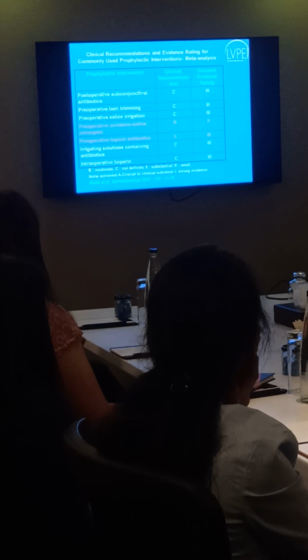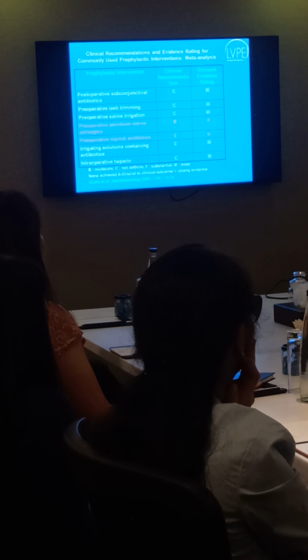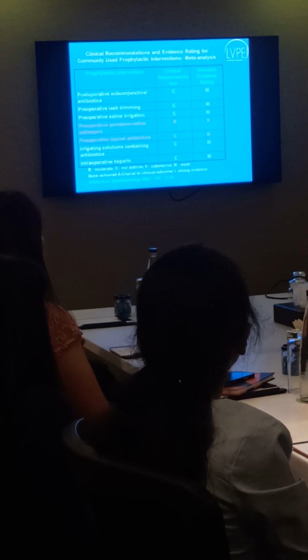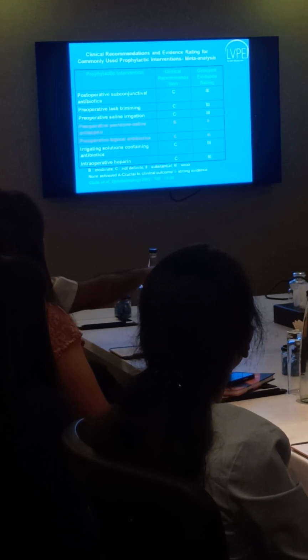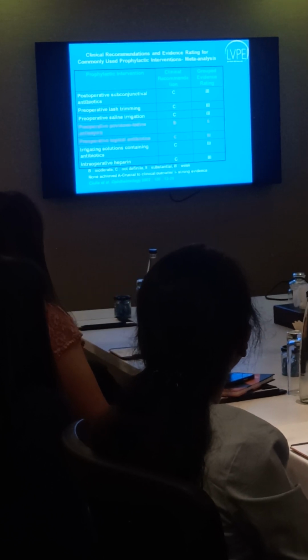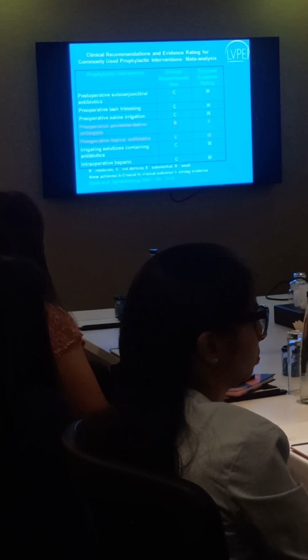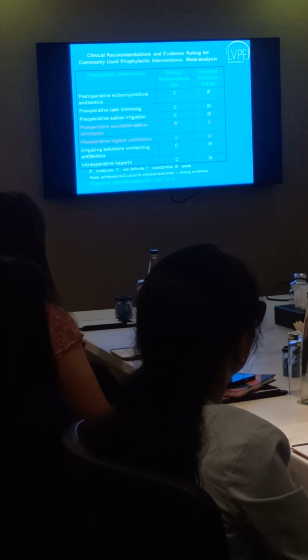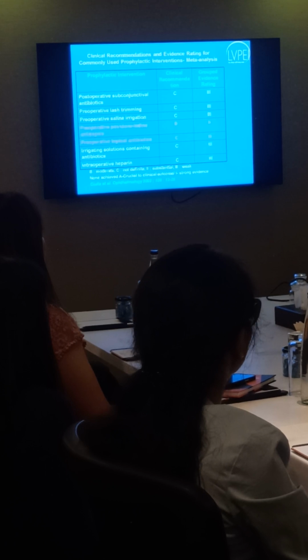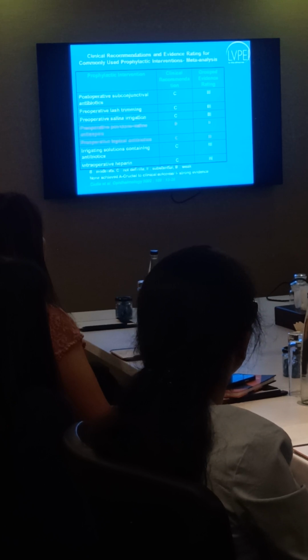In the clinical recommendation, B means moderately recommended, and C means it has no value. You can see B is only povidone-iodine antisepsis, and that also is not A, it is B. Pre-operative topical antibiotic is actually C, so it remains a question mark. Similarly, for the strength of the evidence, 1 is not there anywhere, but 2, which is the minimum, is substantial evidence for povidone-iodine and not for antibiotics. It is a very important table to understand.